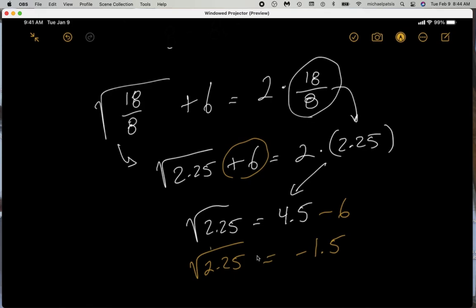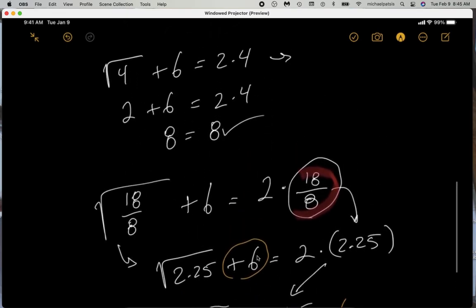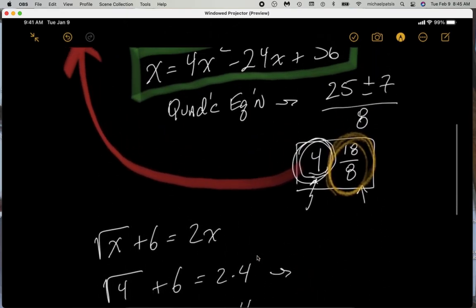Okay, this is not true. It's not a true statement. How do I know that? Because this has to be positive. You can't get a negative number there, and here's a negative number. So there's no way that these two sides of the equation are equal, which means this is an extraneous solution.